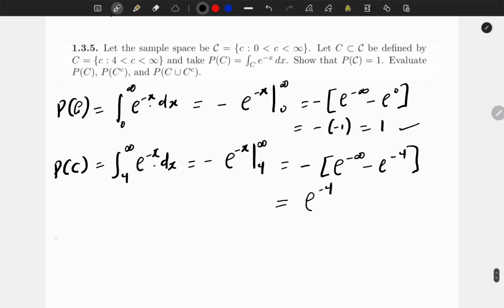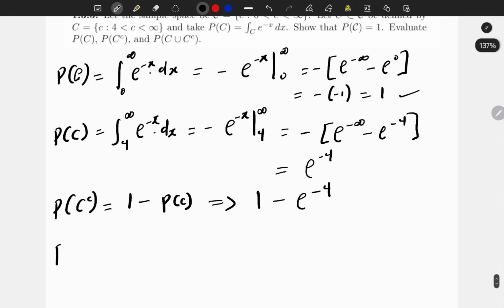So the complement, probability of C complement, that is just 1 minus the probability of C by the definition of a complement, and that equals 1 minus exponential minus 4.